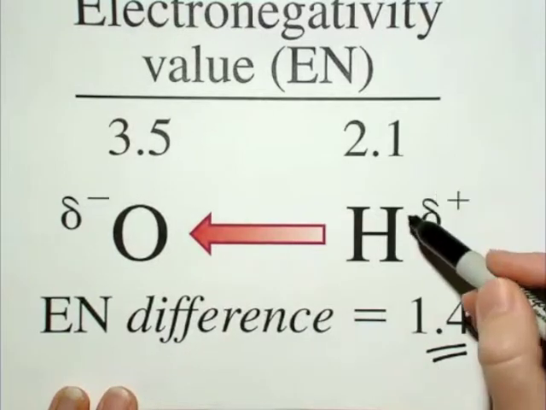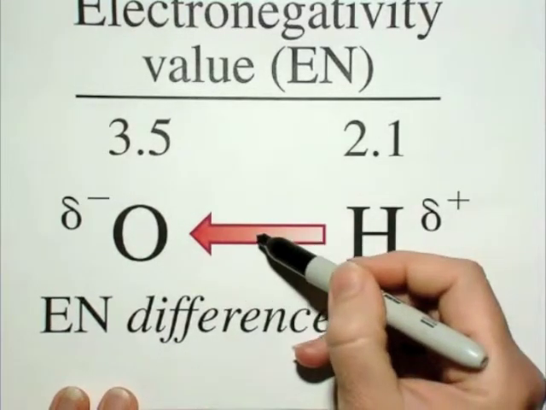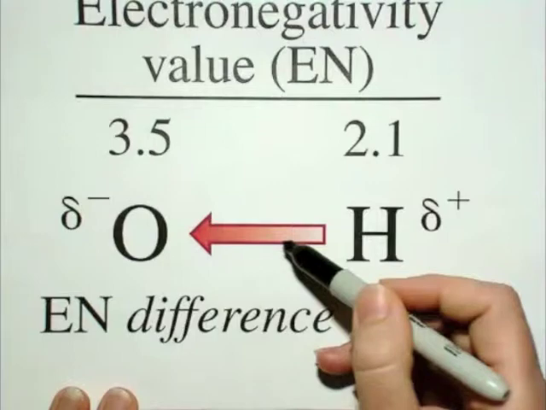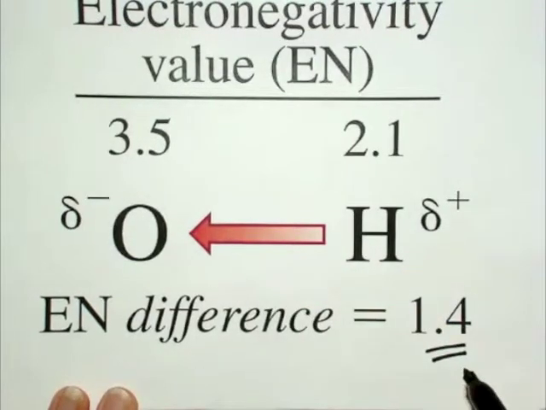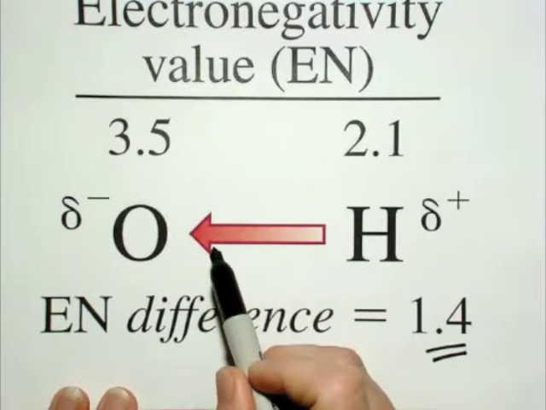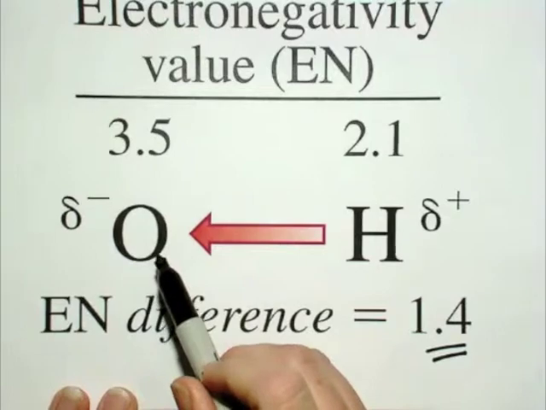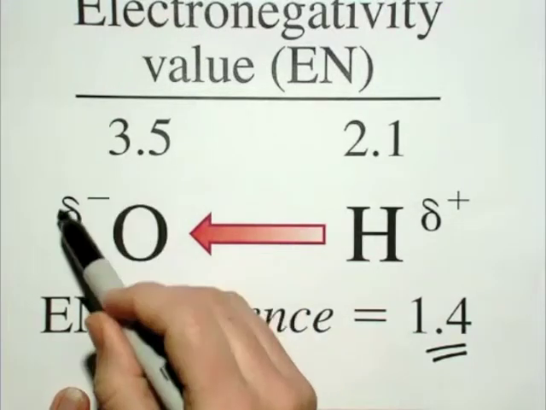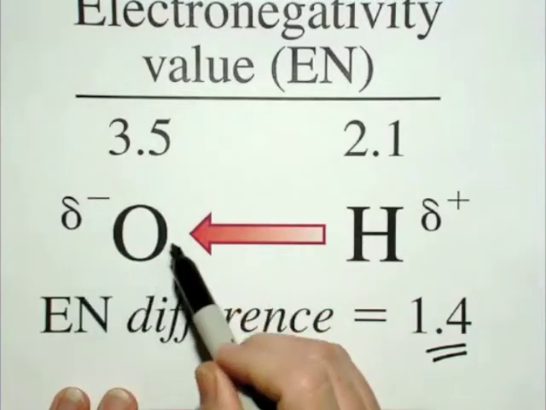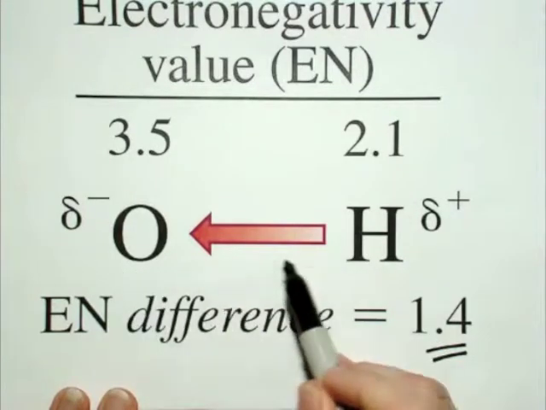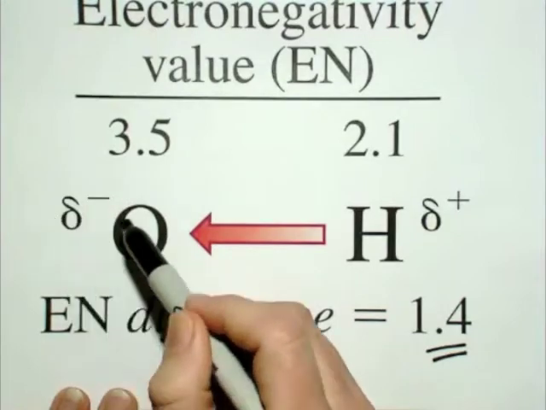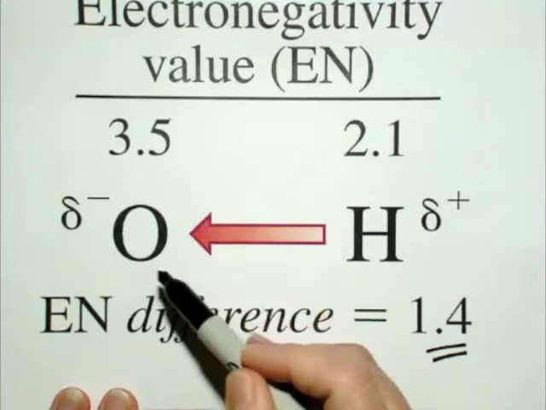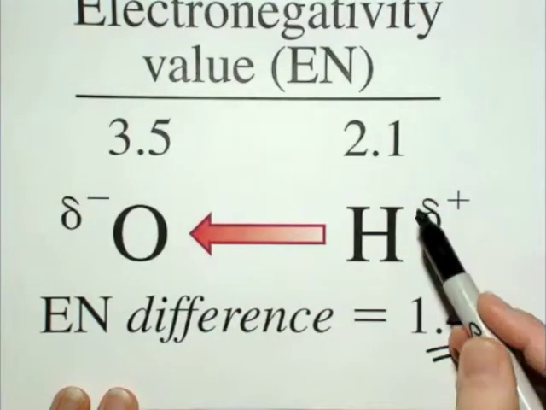And again, you see a lot of times when these polar bonds are drawn, they're drawn as a vector. And the vector would have a direction and a magnitude. The magnitude is the electronegativity difference, and the direction is always in the direction of the more electronegative atom. And in this case, more electrons would reside on this atom than that atom in this particular bond. And so that's why this one is given the delta negative, indicating that it has more electron cloud density, and this would be the delta positive.